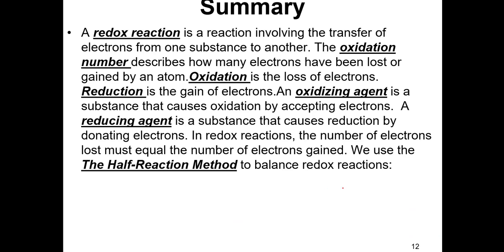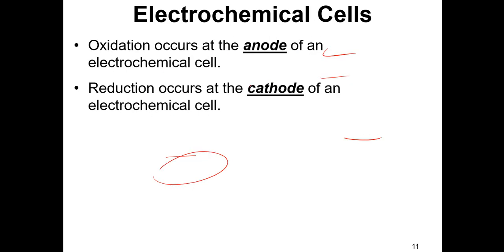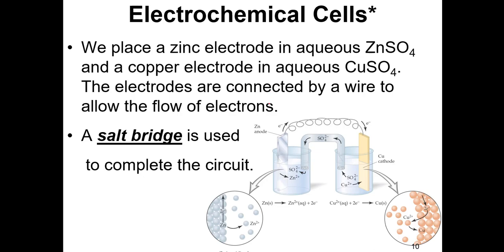Not planning on testing you on the terms oxidizing agent or reducing agent. I will test you on oxidation and reduction for sure, oxidation number, and of course the concepts of anode and cathode in the electrochemical cell, along with the term salt bridge.